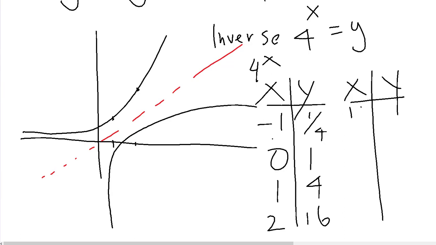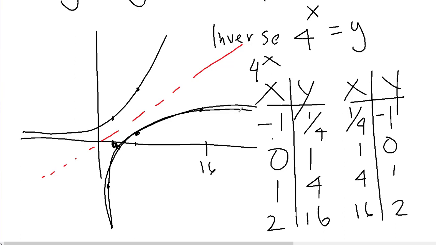Well, these are going to all be reversed on the inverse because that's what the inverse function does. It reverses your ordered pairs. So at 1/4, it's down here at -1. At 1, it's at 0. I didn't exactly get that point drawn perfectly here. At 4, it's at 1. At 16, all the way out here at 16 before it gets to 2. So you get an idea of how we could do this manually, right?